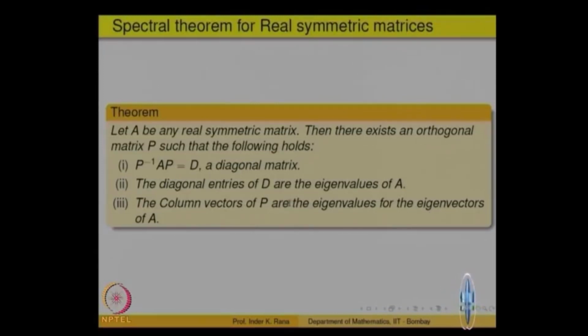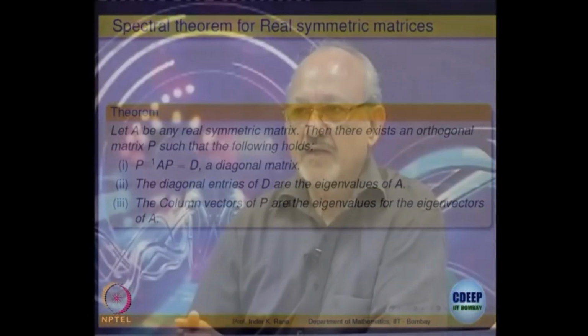So, basically the same process that we do for general diagonalizability. Given a matrix A, you find eigenvalues, you find the corresponding eigenvectors. If it is real symmetric, there are going to be n eigenvalues, counting multiplicity. So, each eigenspace is going to have a basis consisting of eigenvectors.